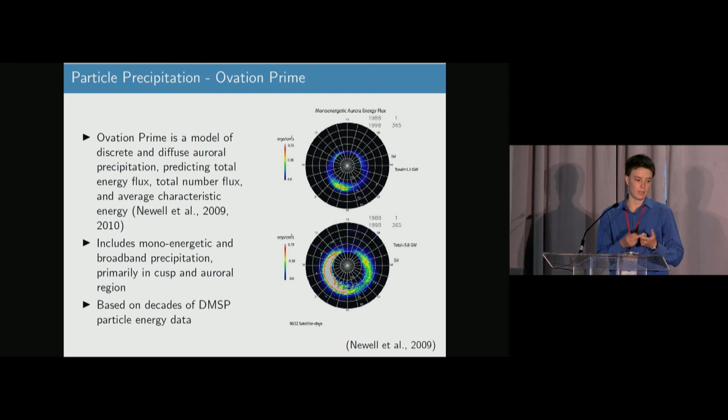You get energy flux and total number flux, which is what we need to input into the model. This is a fairly common model. It's used for a lot of things. It is statistical, so it can't represent sudden changes in some of the dynamics that you usually see in the auroral zone. But it's what we used for this case, and it allowed us to put in some input that we believe was somewhat realistic based on the conditions into IPWM.